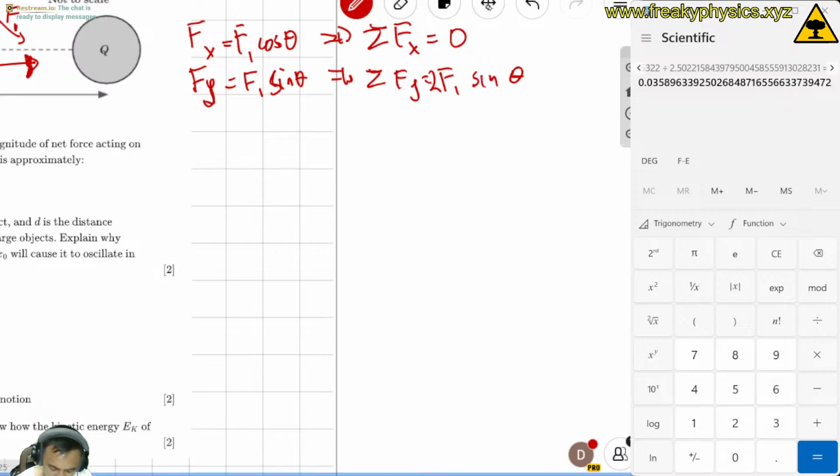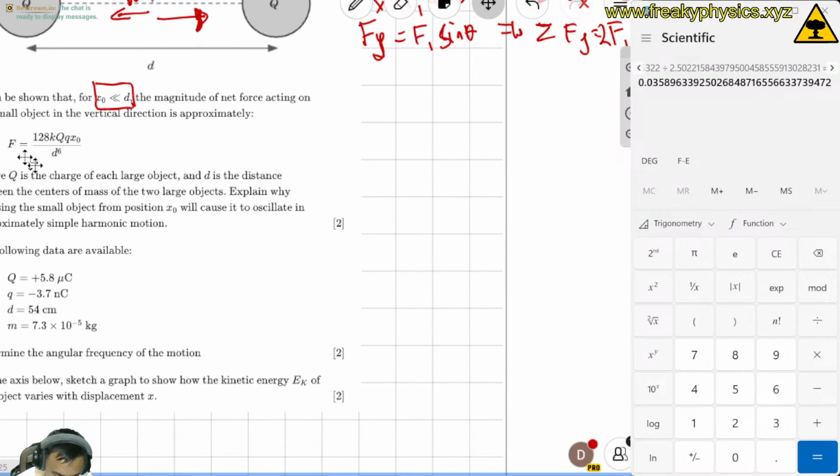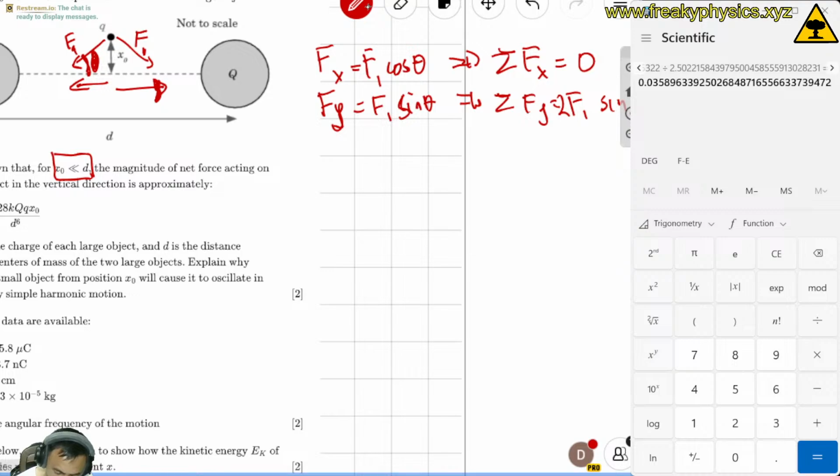Now here's the thing, though. If we go back here, that's just the F, right? But we also know that this is an electric force. So F1 is actually equal to, let's say this is some distance r for now.